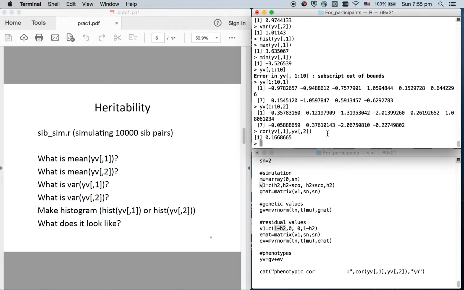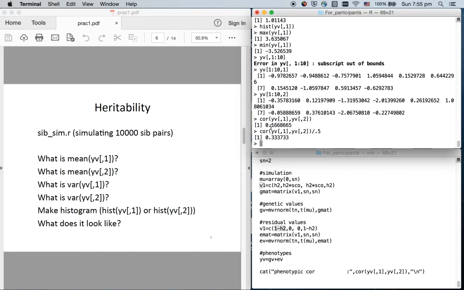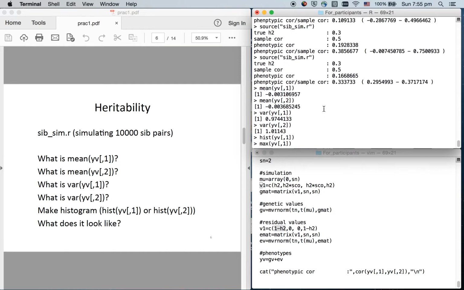So this is phenotypic correlation, right? Then this is divided by the sample correlation, because you know these two vectors' sample correlation is 0.5. So divided by sample correlation gives the estimated heritability, right? That's what you showed before here, okay, with this confidence interval. So this confidence interval actually includes the true heritability, right? 0.3 is between here.